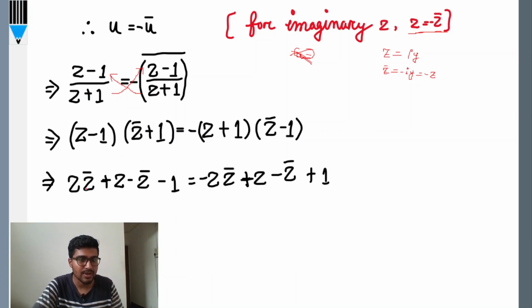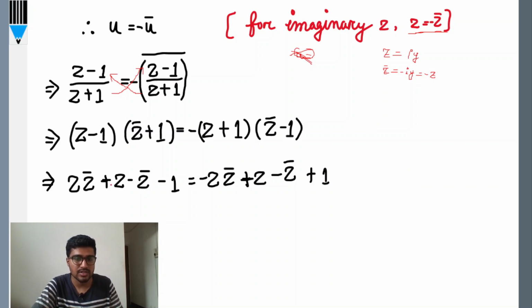Now z into z bar, and z into 1 gives z, minus 1 into z bar gives minus z bar, minus 1 into 1 gives minus 1, on the other side minus z into z bar, minus z, minus of minus 1 into z gives plus z, minus 1 into z bar gives minus z bar, and minus 1 into minus 1 gives plus 1.